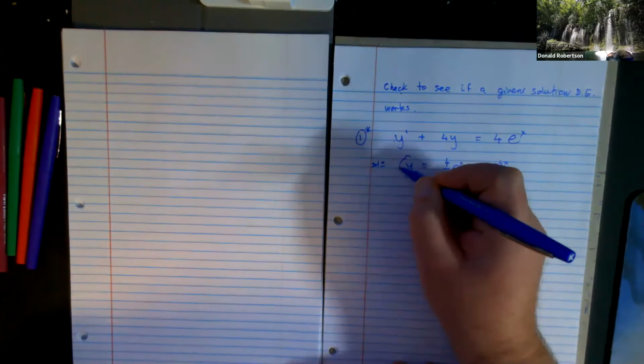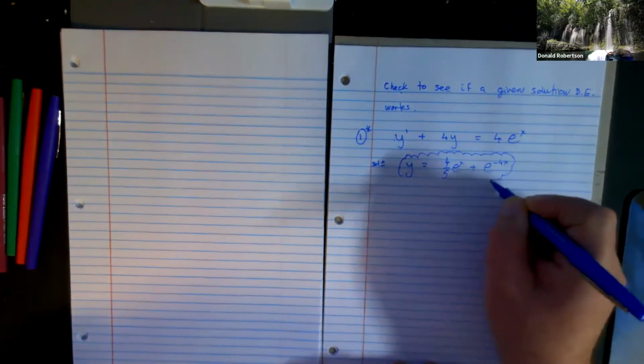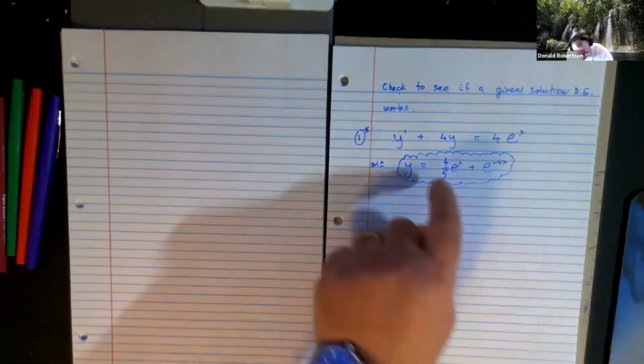So our job is to check that that works. How do you think you check that that is a solution to this differential equation? By the way, it's a first order differential equation, as we mentioned yesterday. How could you do it?